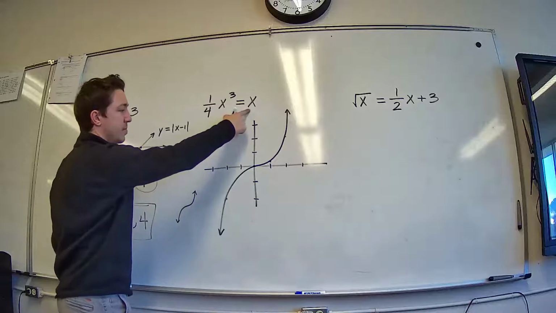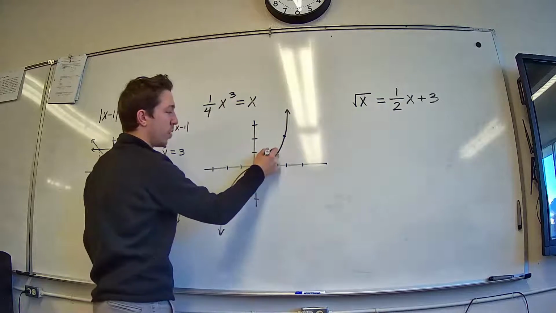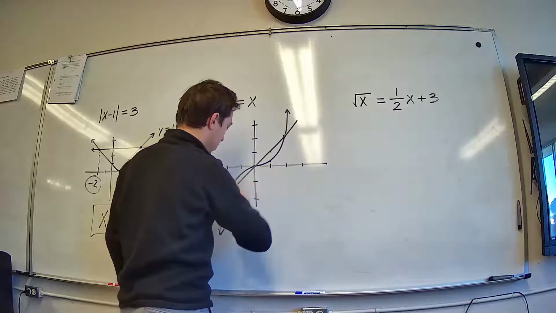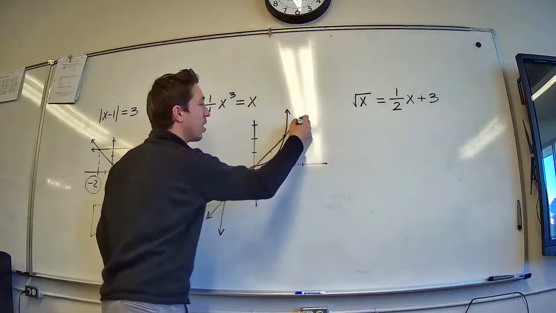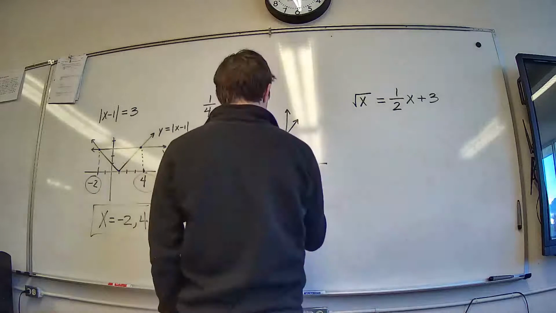Then how about y equals x? That passes through 0, 0, 1, 1, 2, 2. Boom, there's one of your solutions. But these guys are going to cross 3 times.